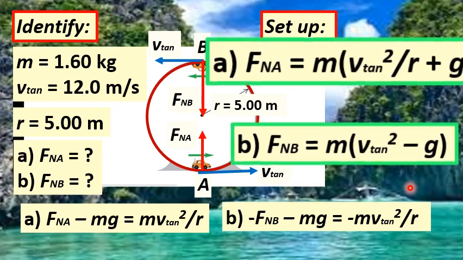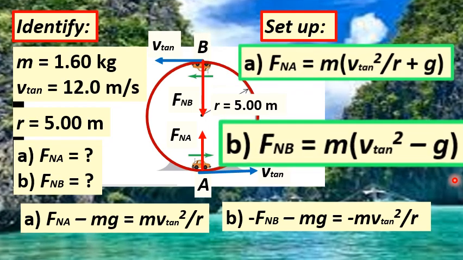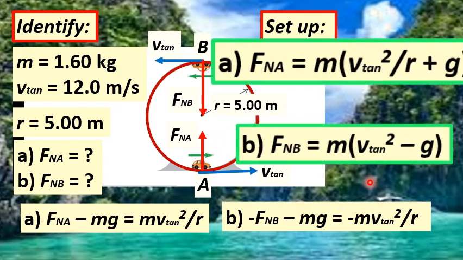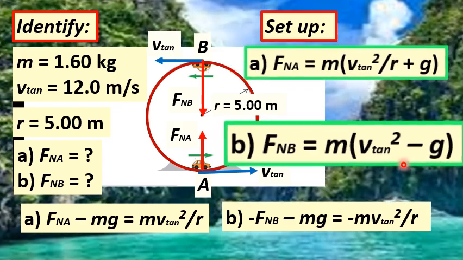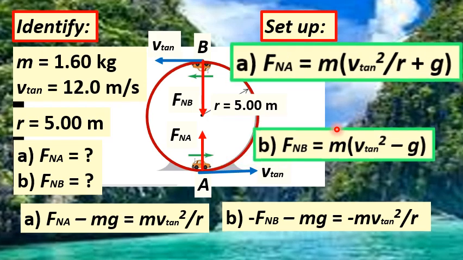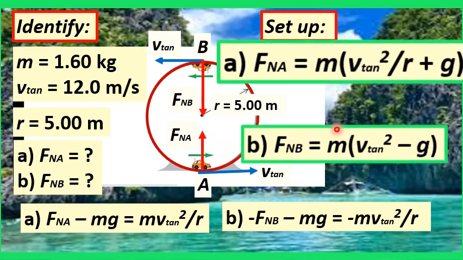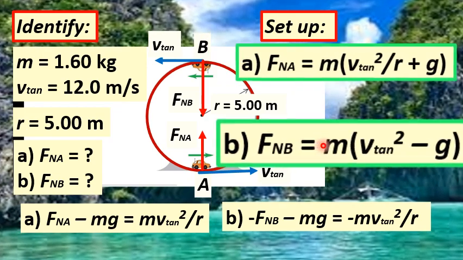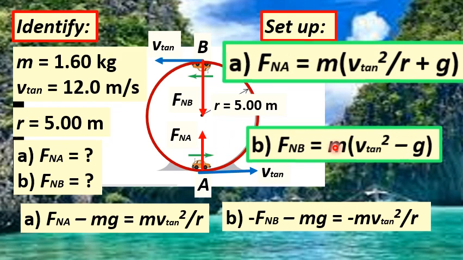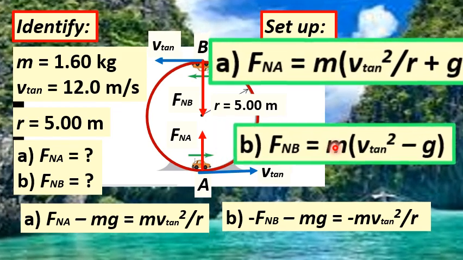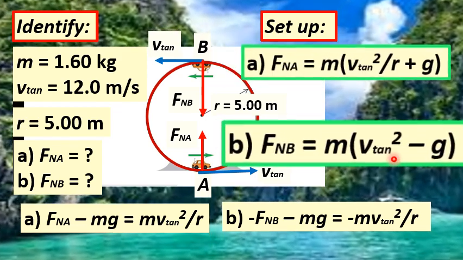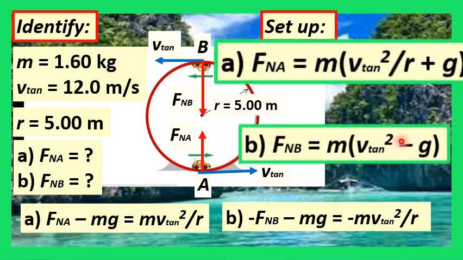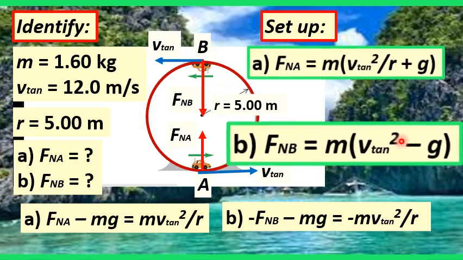There is also a negative sign, negative mv squared, or v tan squared, divided by r. And when we transpose and isolate the normal force F sub NB, we come up with this equation. F sub NB is equal to the product of the mass times the square of the tangential speed divided by r, or v tan squared over r, minus acceleration due to gravity.